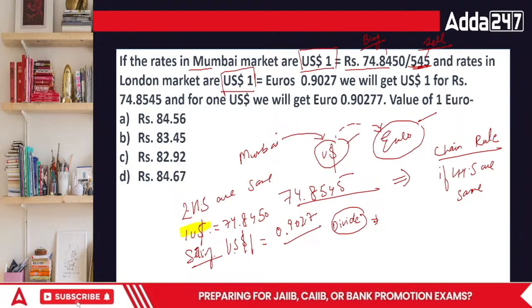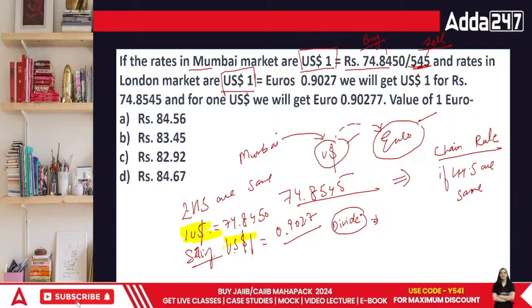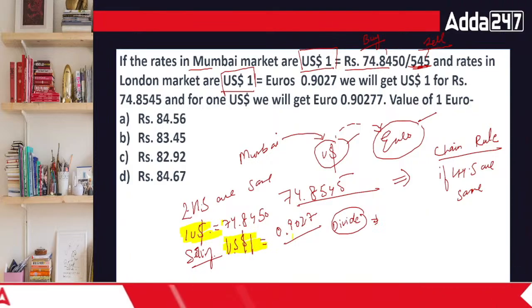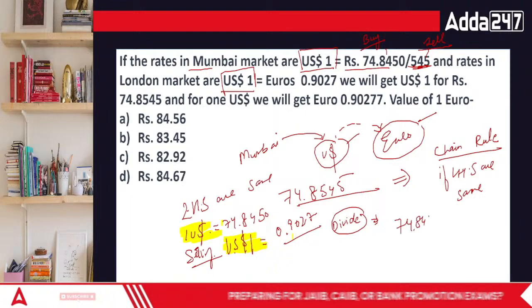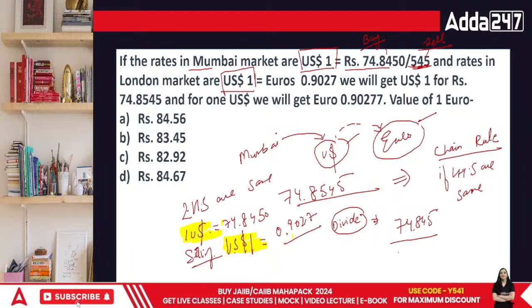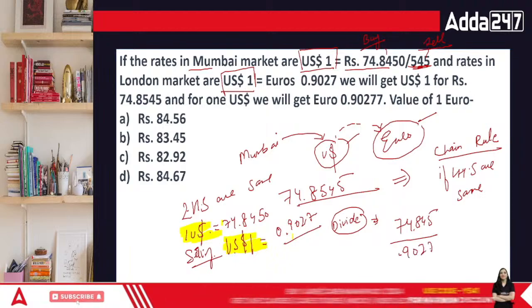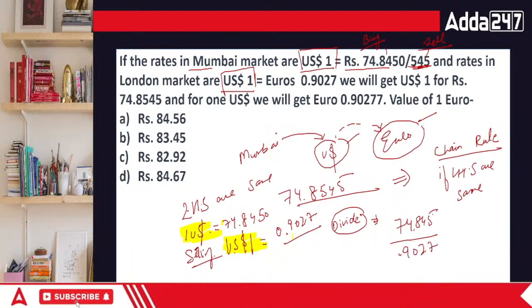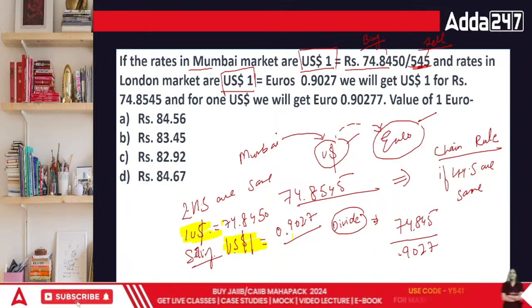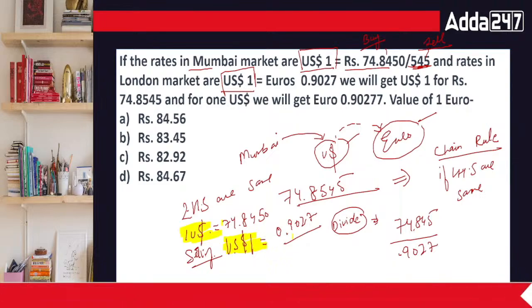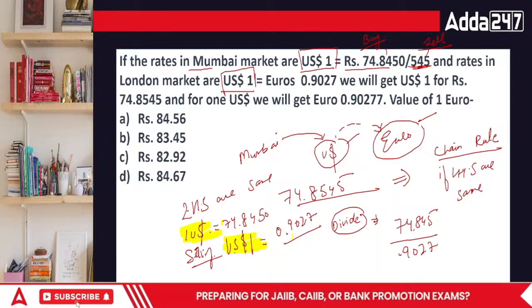This is in US dollars and this one is also in US dollars. This is euro and this is rupees. Then you will have to divide it. 74.845 divided by 0.9027. This will give you the answer. What is the answer in this case, everyone? This is actually the chain rule that I was talking about.